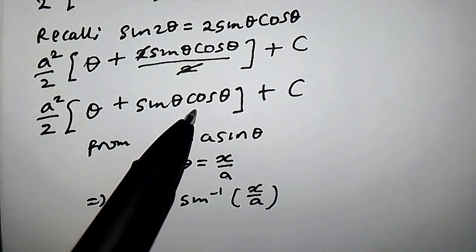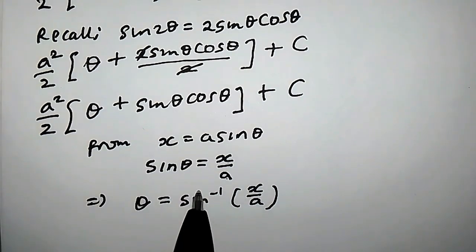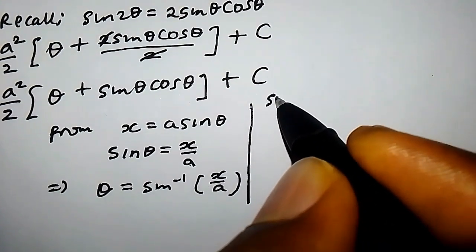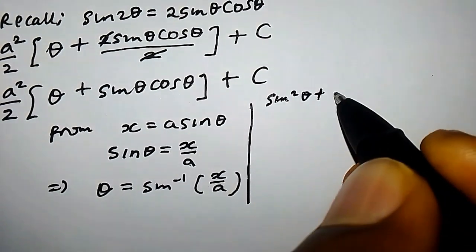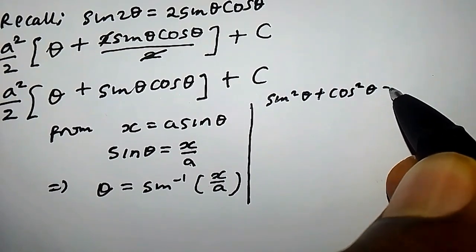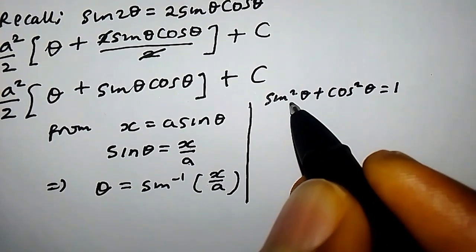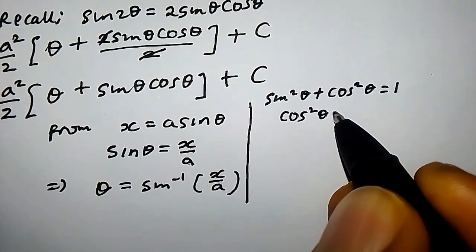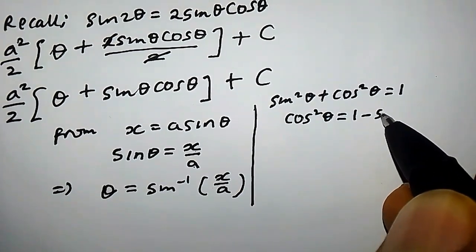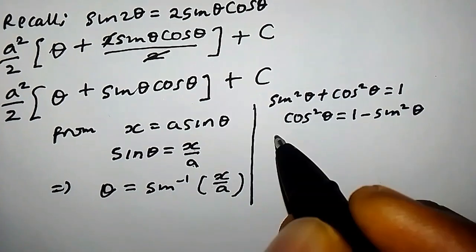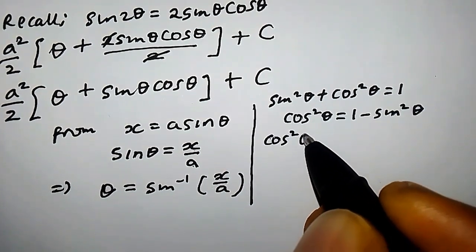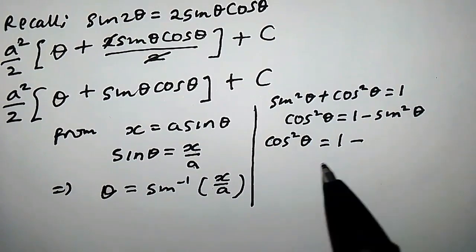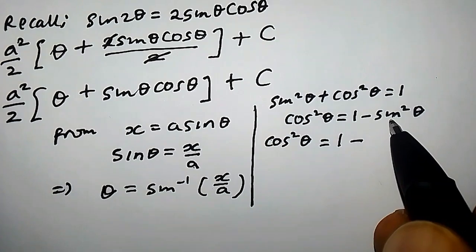What we need now is cos theta. We can get it from this. Recall that sine squared theta plus cos squared theta is equal to 1. If we bring sine squared theta to the right hand side, we have cos squared theta equal to 1 minus sine squared theta. So cos squared theta is equal to 1 minus, what is sine theta? Sine theta is x over a, so we have to square it.